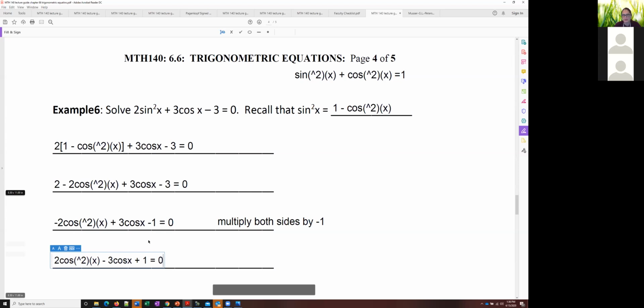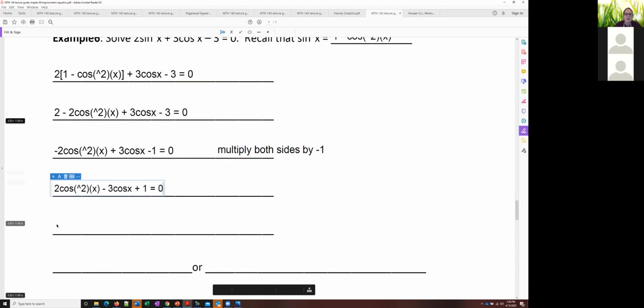Is that okay so far? Next, I want to factor it. Are you guys okay with factoring it like this, or would you like to do a u substitution? Anybody care? I'm going to try to factor it the way it is. Let me know if you don't like it.